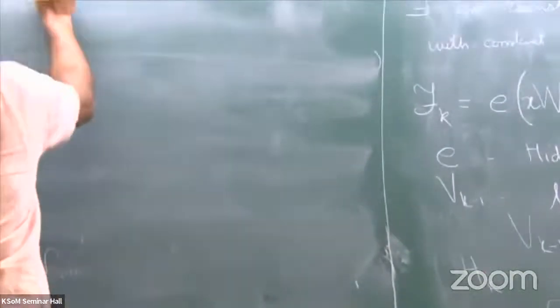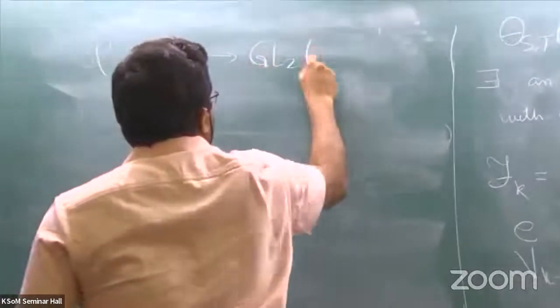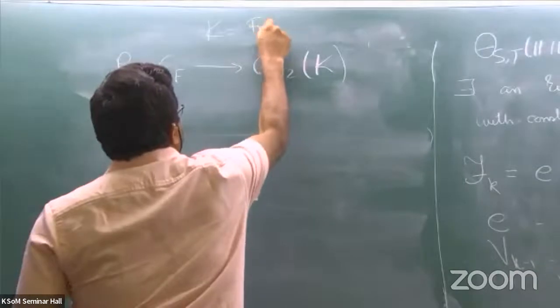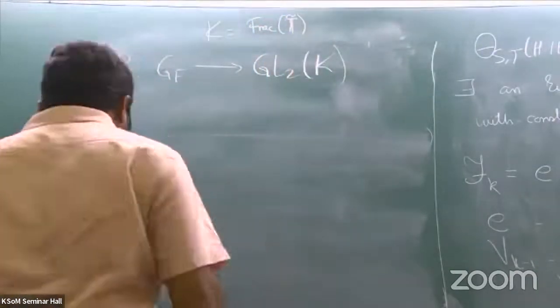The last thing I want to do in a couple of minutes is now getting a representation. So there exists a representation into GL2 of K, where K is the total ring of fractions of K delta.